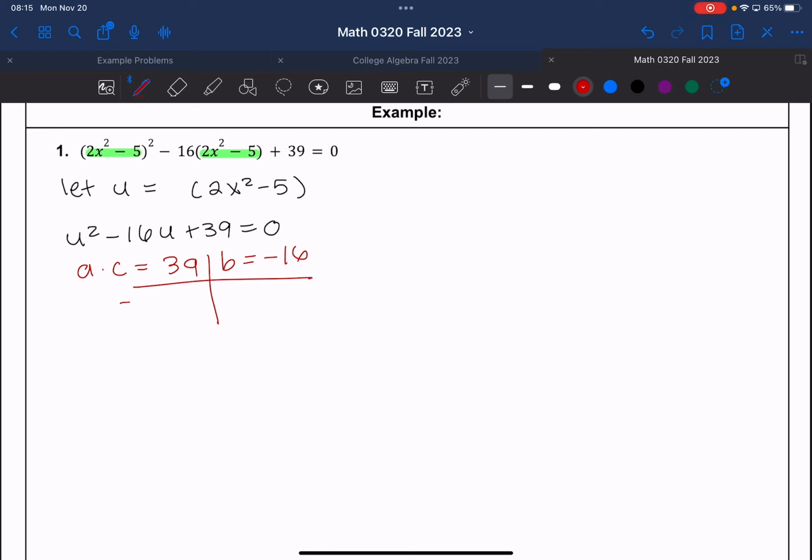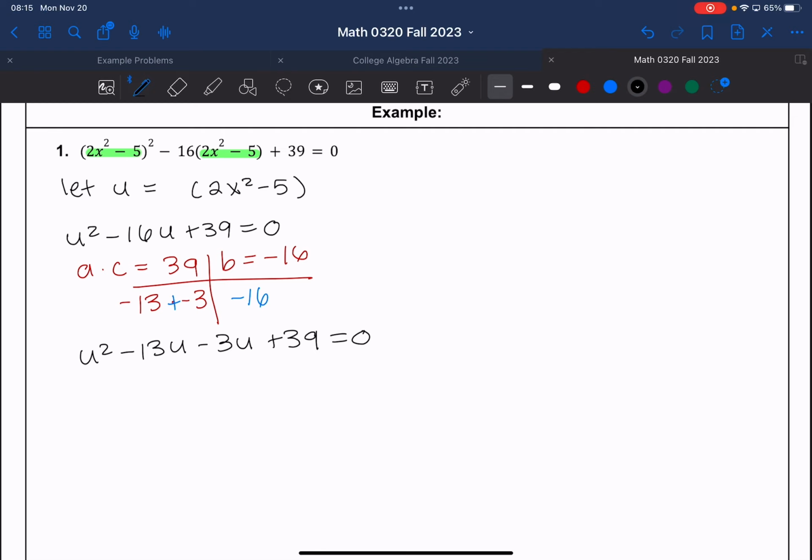Both negative. So negative 13 times negative 3, if I add those together, I get negative 16. So I'm going to plug these terms back in so I can factor by grouping: U squared minus 13U minus 3U plus 39 equals 0.